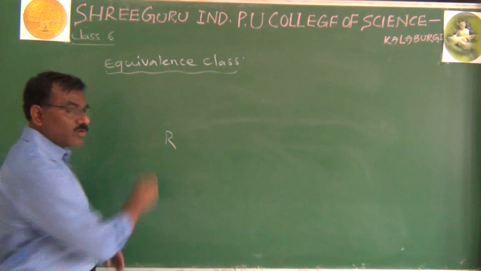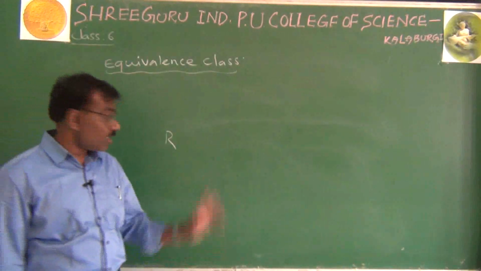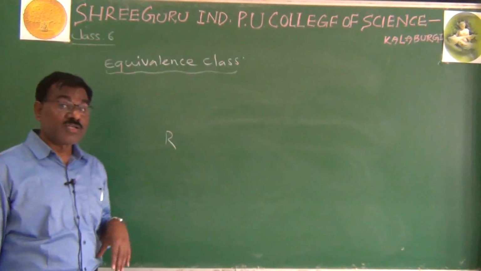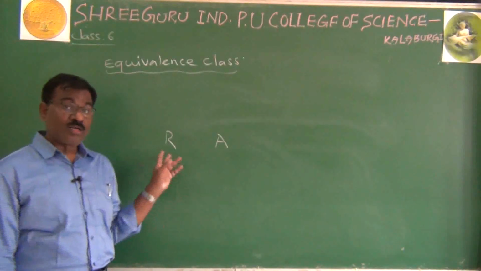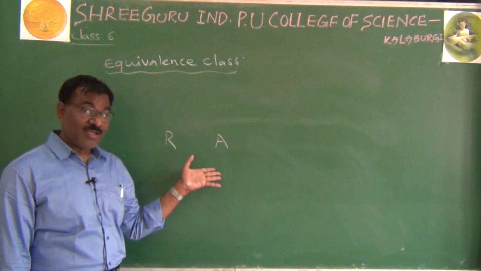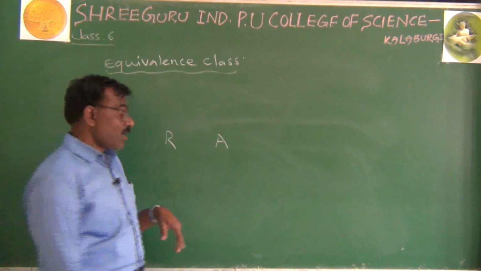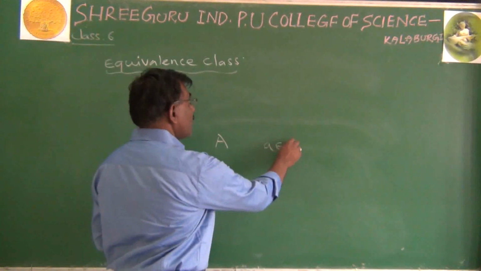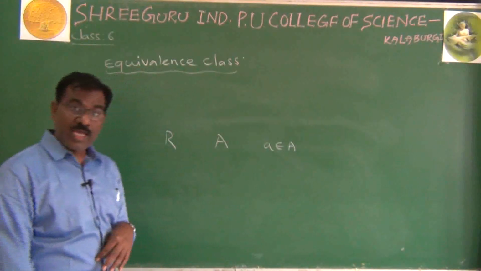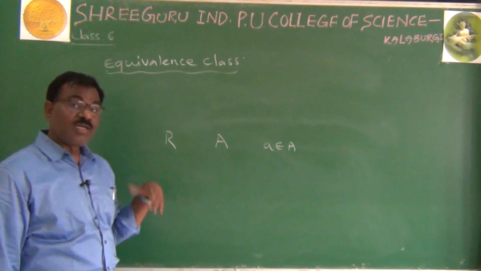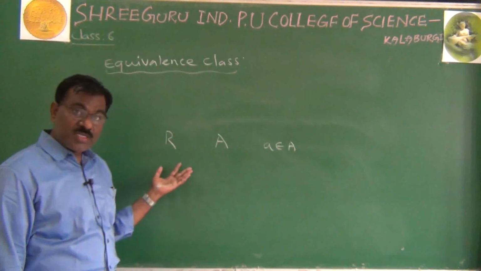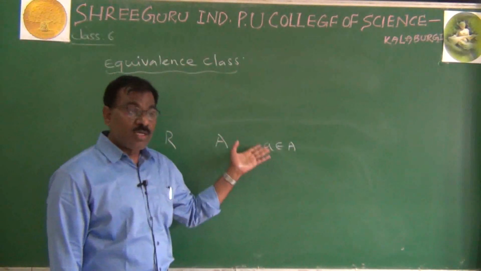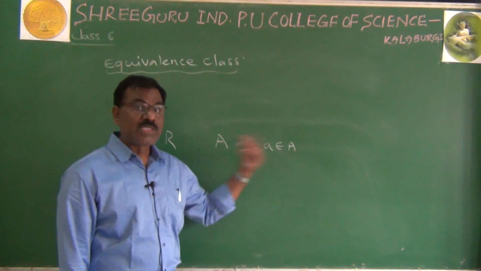R is an equivalence relation on a non-empty set A, and a is an element belonging to A. What is R? An equivalence relation. What is A? A non-empty set. And what is small a? This is an element belonging to set A.